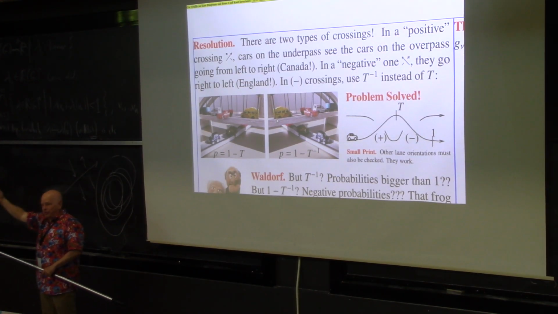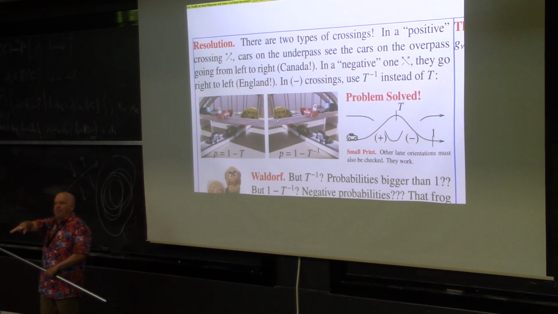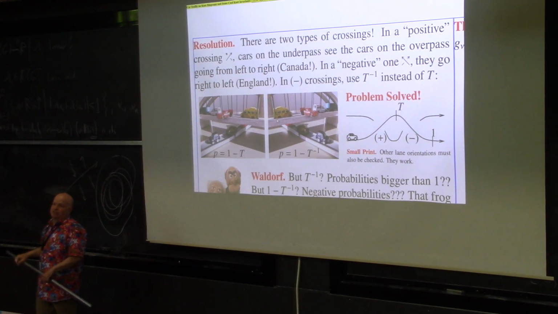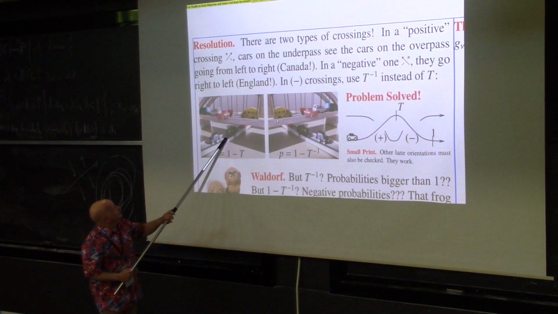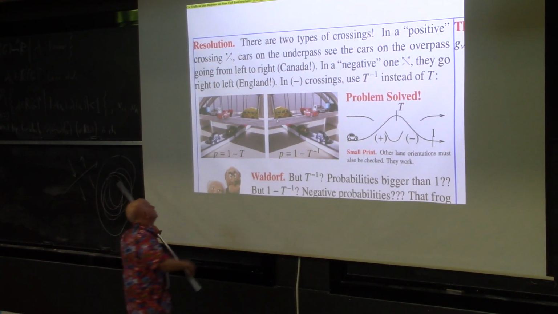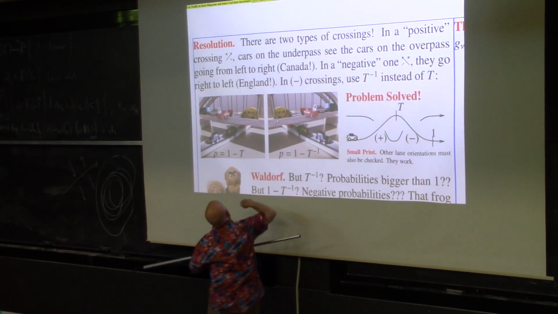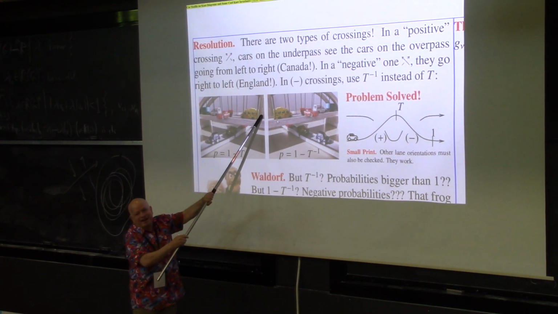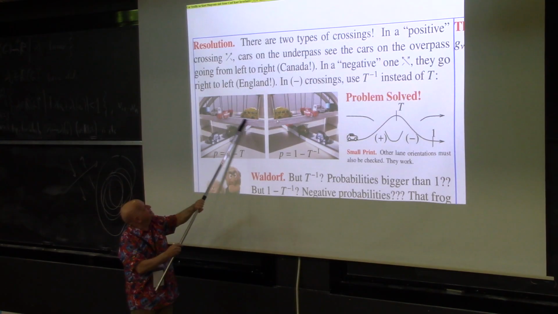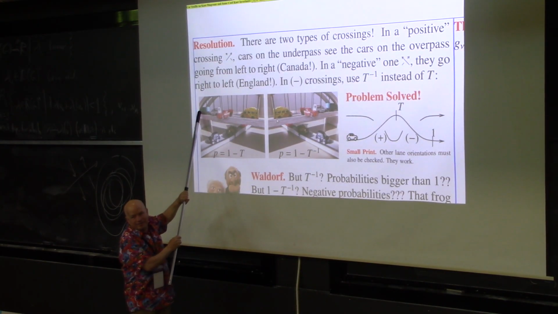In a negative crossing, if you are looking up from the underpass, the traffic you see goes from right to left. Basically, Canada versus England. Okay? So this is in fact a positive crossing, because if I was looking down from the underpass, meaning from the other side, then the traffic would seem to go from left to right.